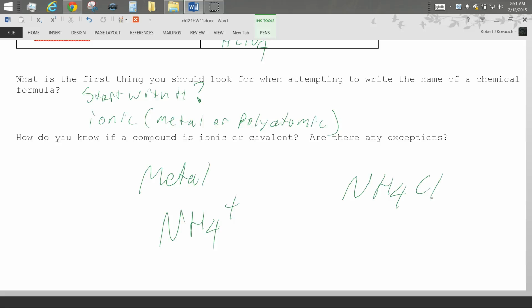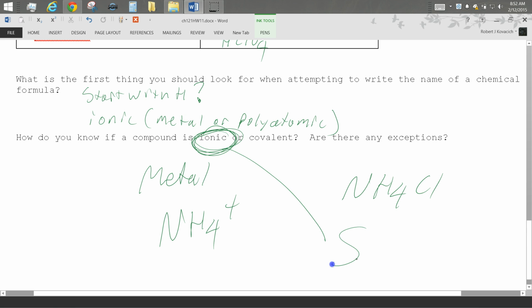And since we're here, there's another name for ionic compounds. Does anybody know what that is? Binary. It's a salt. All ionic compounds are salts. Not just the one that you know most commonly, which is NaCl, but every single ionic compound. The other name for an ionic compound is a salt.